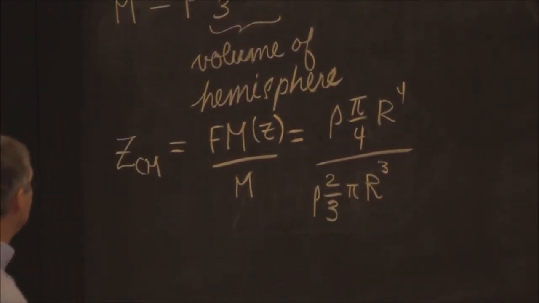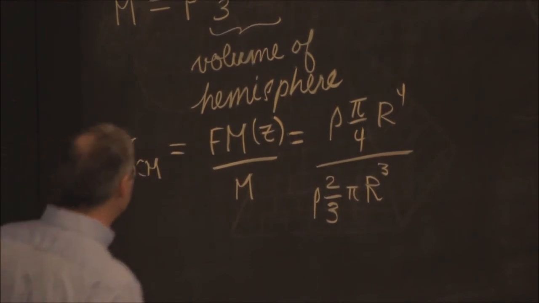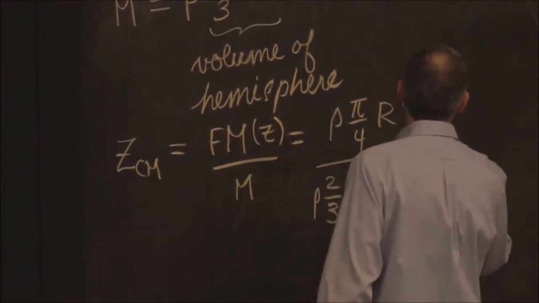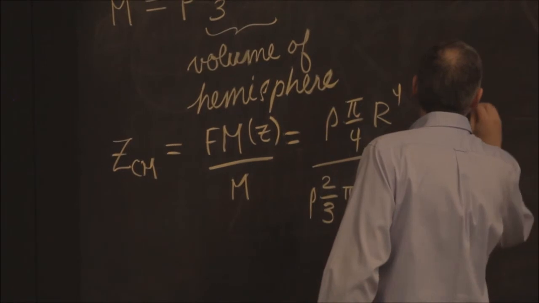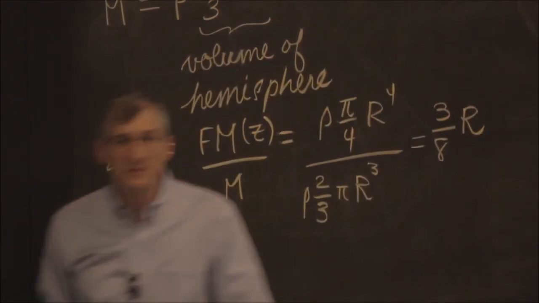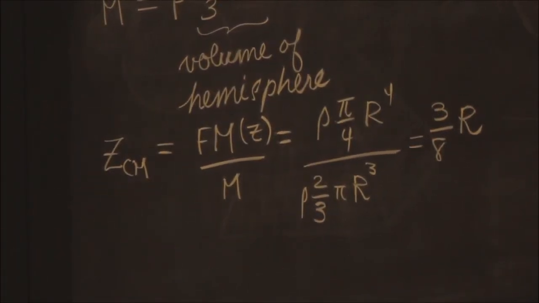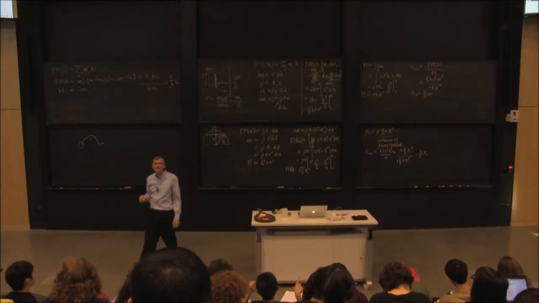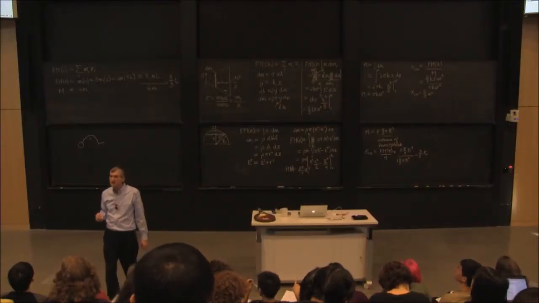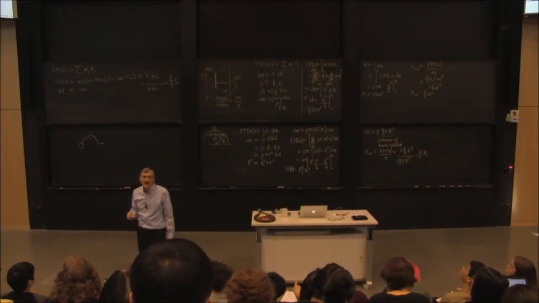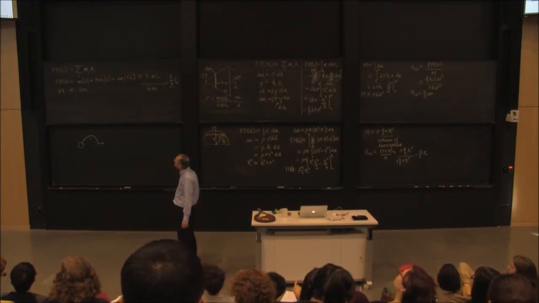All right, the pi's go out. That looks a lot like 3/8 R, which also passes the sniff test for dimensions. 3/8 of the way up. So what do you think?